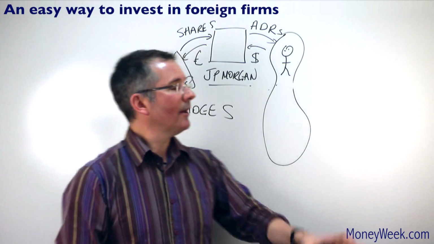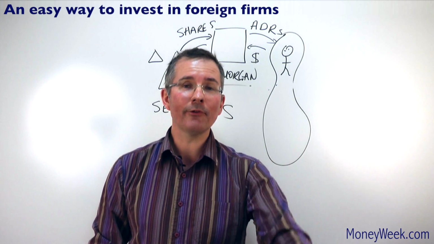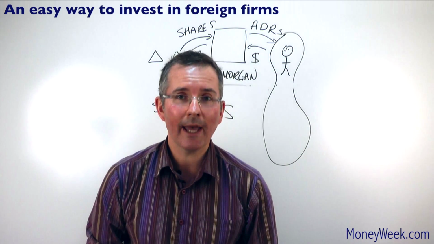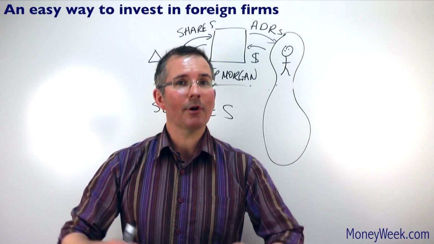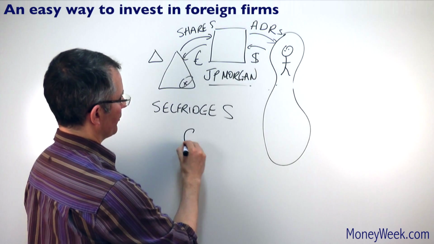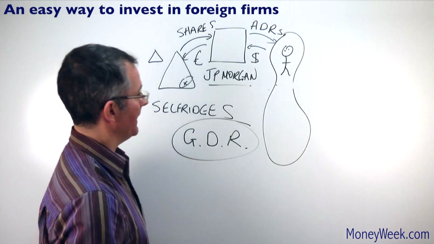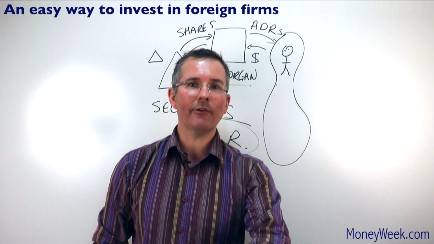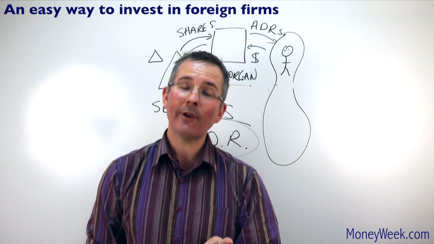All right, so there you have it, American depository receipts. And since the origin of the depository receipt designed for American investors, things have moved on a bit, okay? Because you might have come across, or you might soon come across, something called the GDR, the Global Depository Receipt. Now, these tend to be listed in places like London, and they enable UK investors to do the same thing.